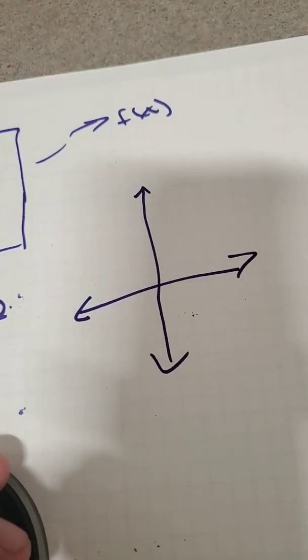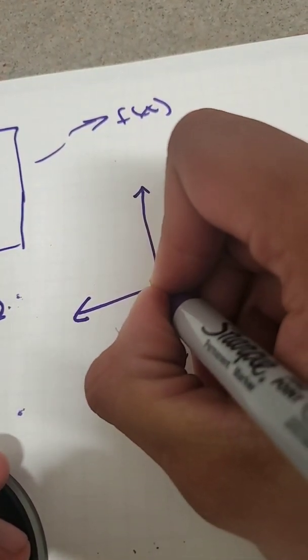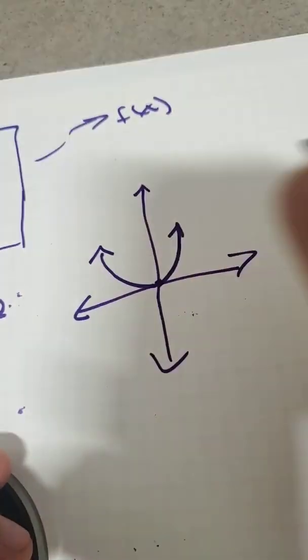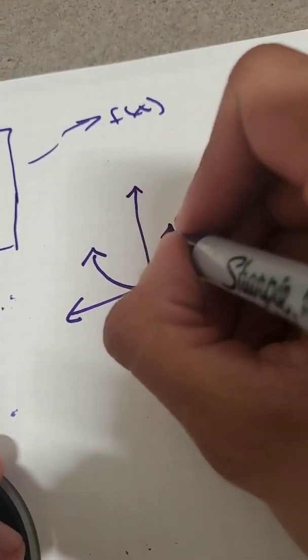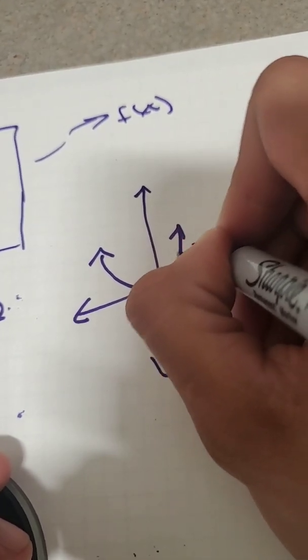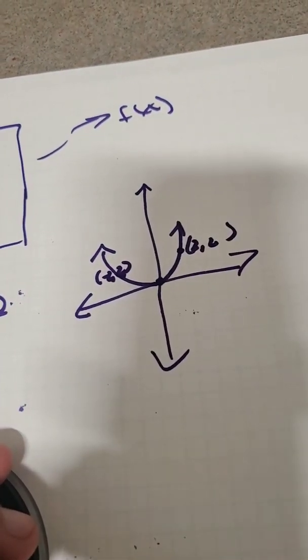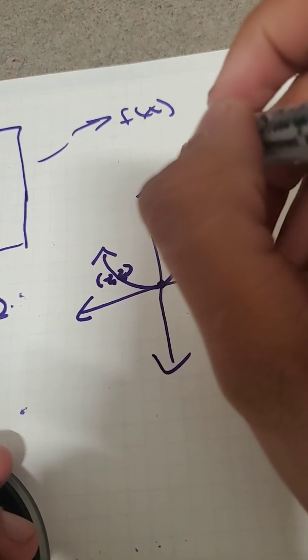Say we have the graph of x squared. Is this a function? Say this is 2, 2, and this is negative 2, 2. Hopefully you paused it to think about it.